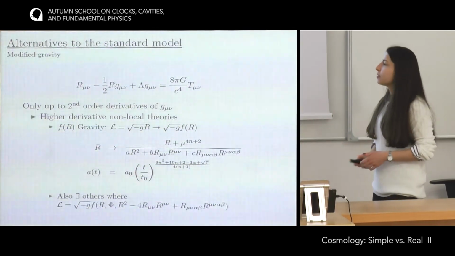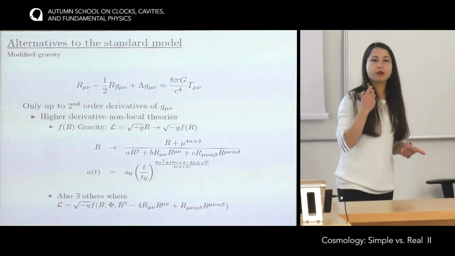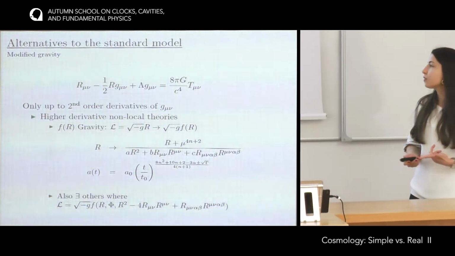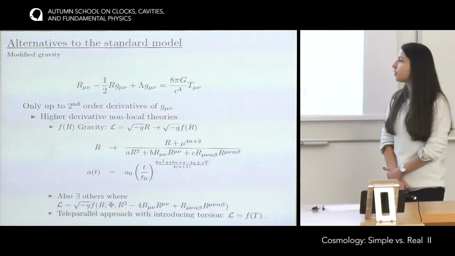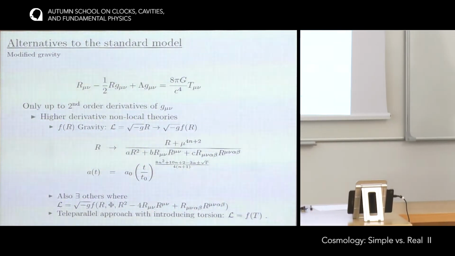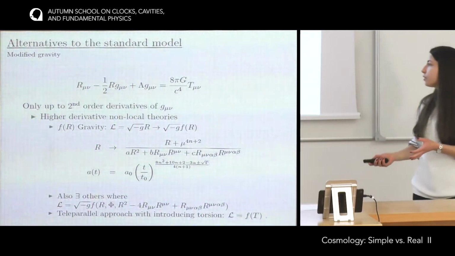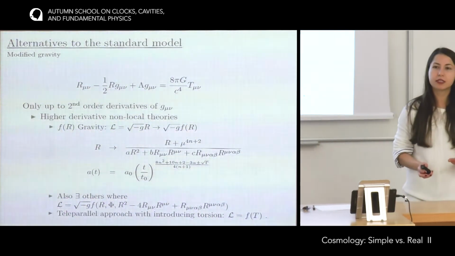And there are others, like you can add additional terms of squares of the Ricci or other curvature invariants. You can even follow a teleparallel approach that gives you the same kind of observations. So in GR, we assume that torsion doesn't exist.